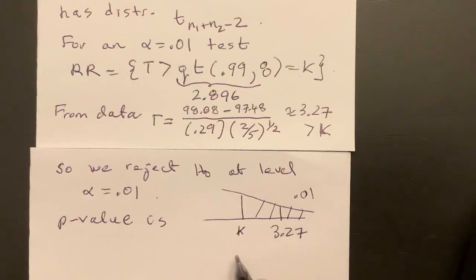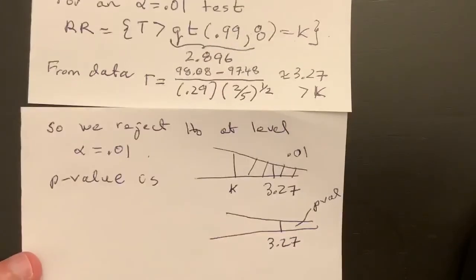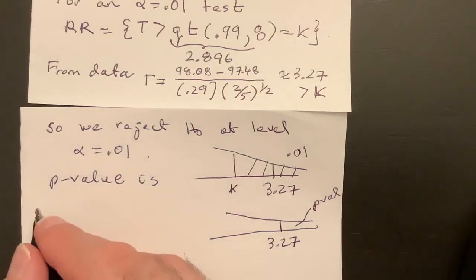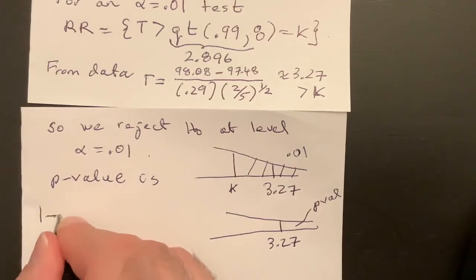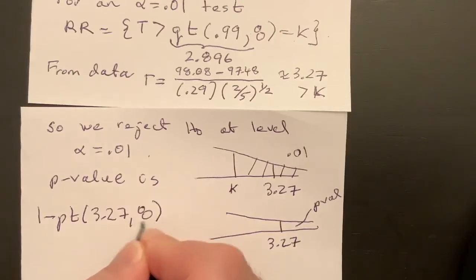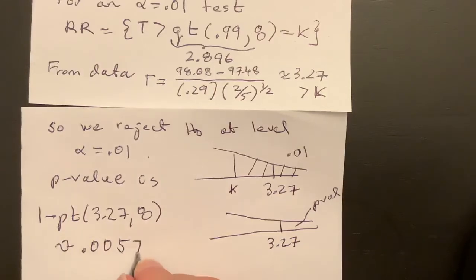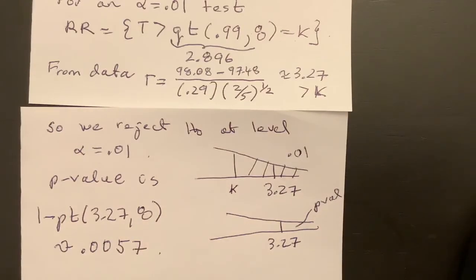So the question is, how much is to the right of 3.27? This is the p-value. Using R, it's just 1 minus pt of 3.27 with 8 degrees of freedom, and we get nothing too small, 0.0057. So it certainly passes the alpha equals 0.01 test.